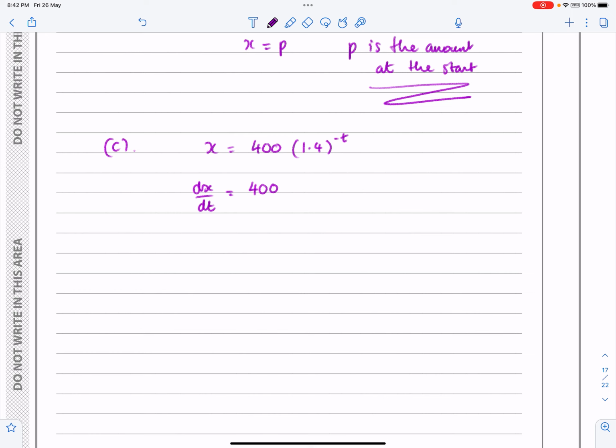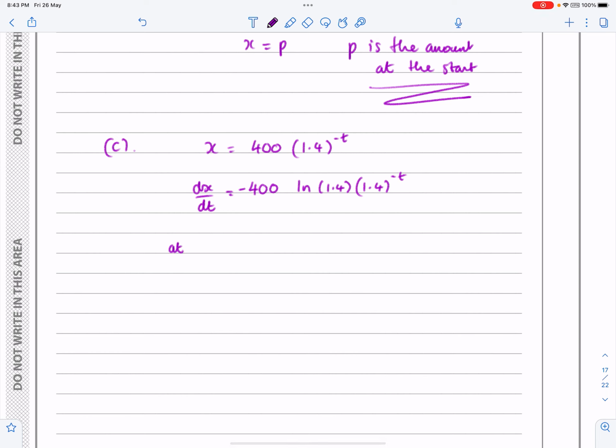So the differential of this is log 1.4 times 1.4 to the minus t, and obviously the minus means that that's got to be in there as well. So that is my dx by dt.